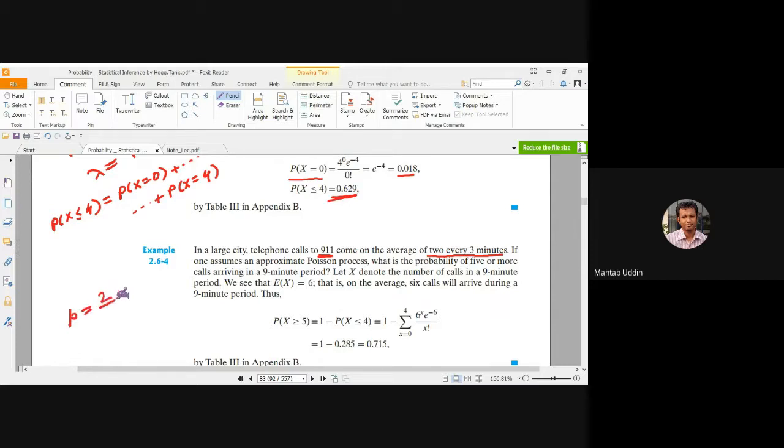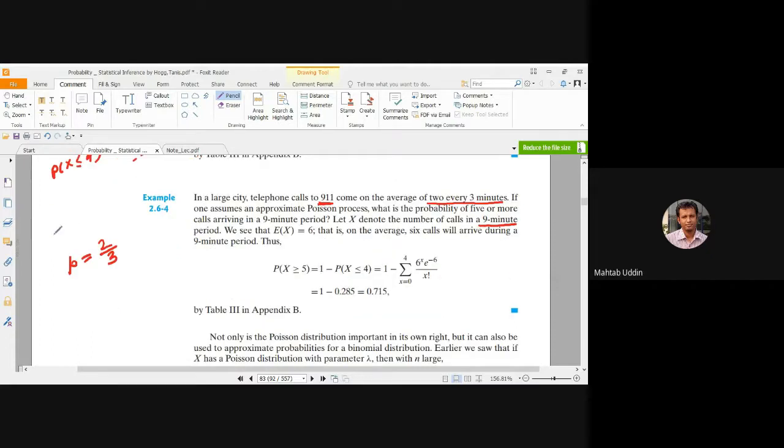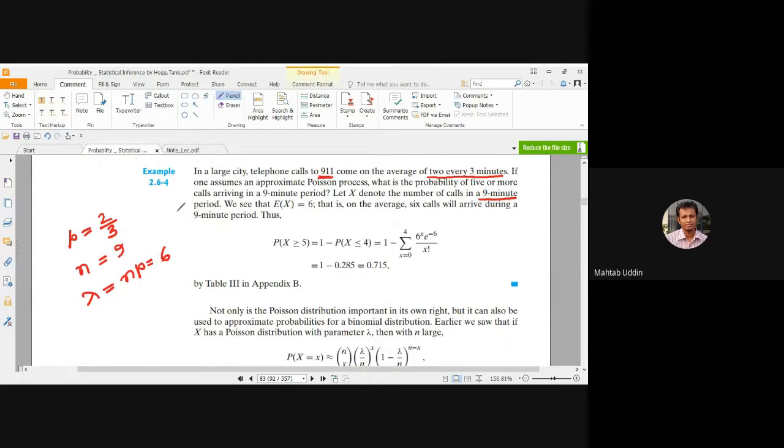And we have the resource, 9 minutes. So what is the average? This is 6. Average calls within the 9-minute period is 6.